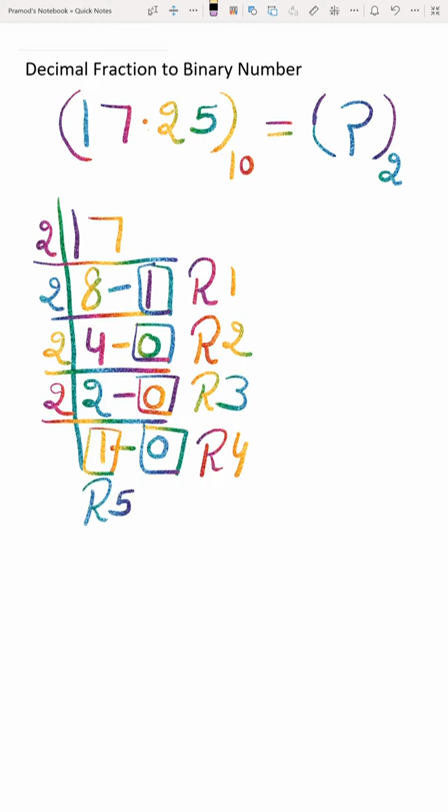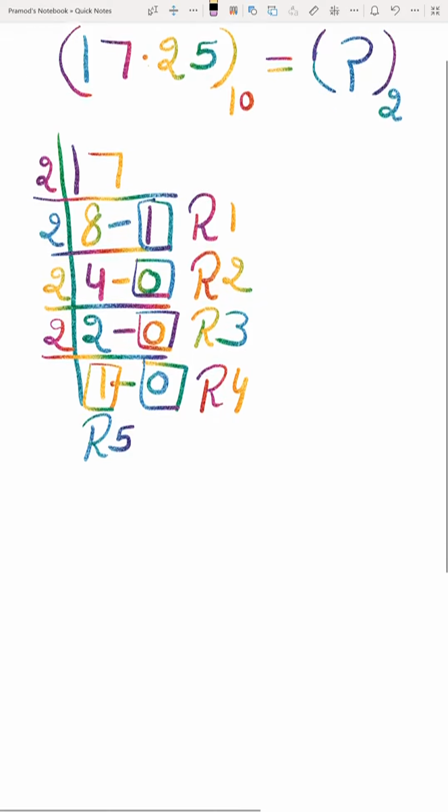But how to calculate 0.25? How to convert 0.25 to binary? Just write it down here.